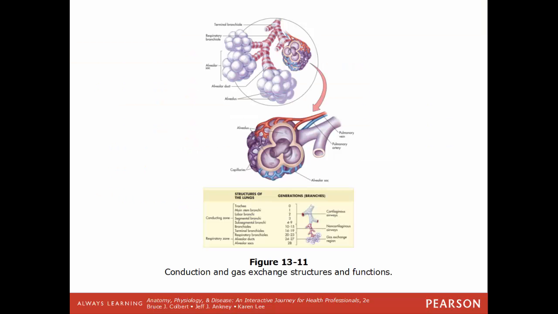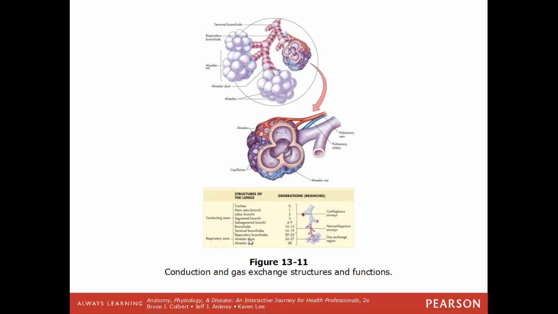Right, so zooming in on one of these clusters here, they actually look like clusters of grapes, but each pocket is a terminal air sac, an alveolus. And this table here is listing the number of divisions off of the trachea, and it's breaking it down into the conducting zone and the respiratory zone.